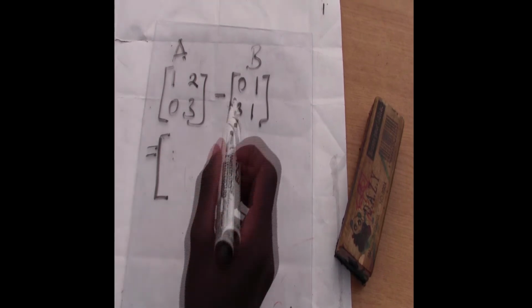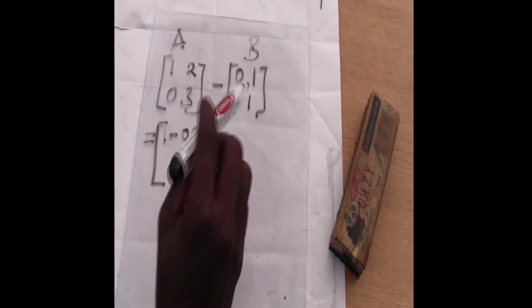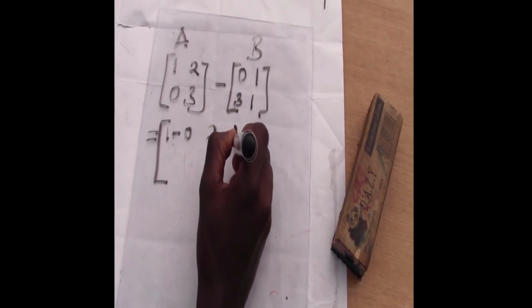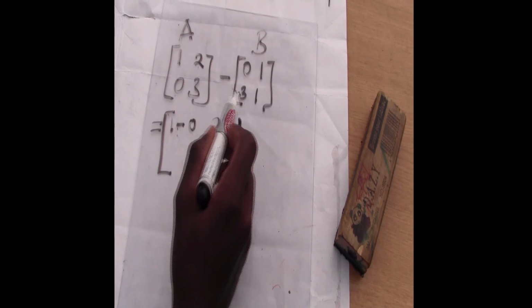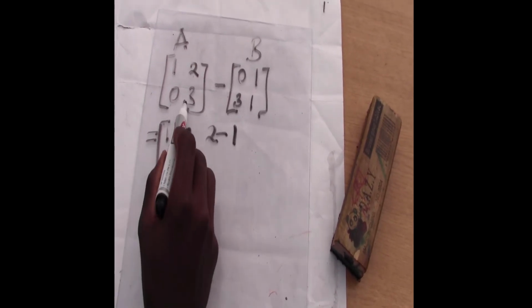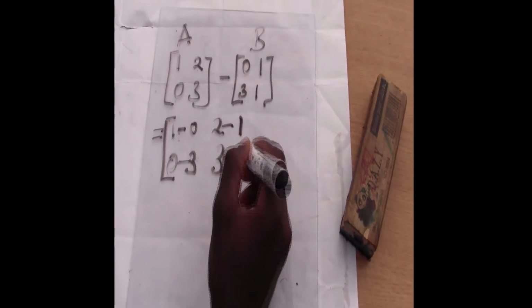We take element 1 that corresponds to element 0, we subtract them, so it's 1 minus 0, and then 2 corresponds to 1, so it will be 2 minus 1, and then 0 corresponds to 3, so it's 0 minus 3, and then 3 corresponds to 1, so it will be 3 minus 1.